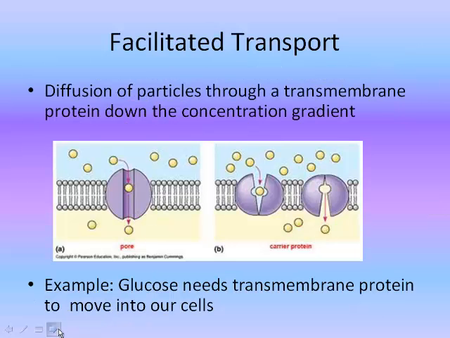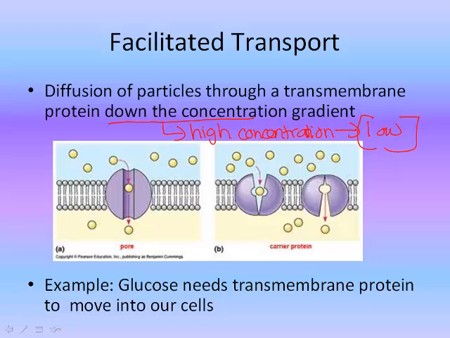The second type of transport is facilitated transport, and this is the diffusion of particles through a transmembrane protein down the concentration gradient. Now, down the concentration gradient, again, high concentration to low concentration. And the brackets here mean concentration. That's how I'm going to write it for shorthand for now.